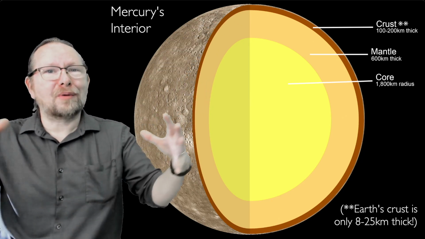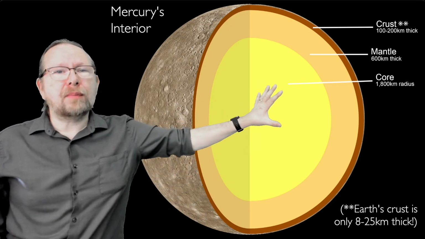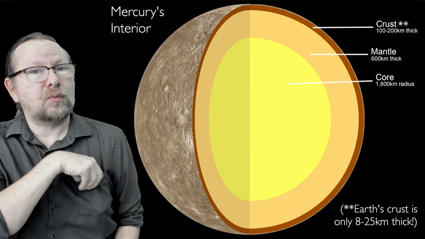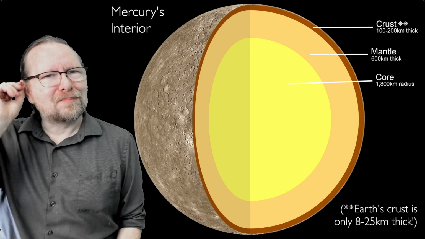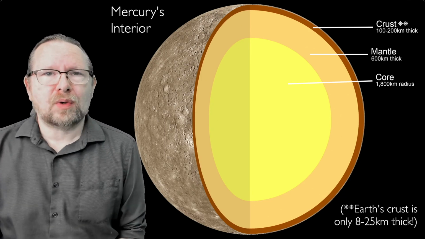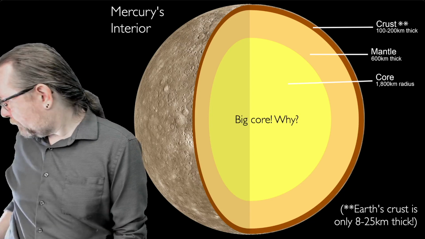It should have more mantle and more crust, but it got smacked early on in its formation, leaving behind a core that was larger than we would expect it to be. That's one model. Is it speculative? Sure. But that's our best guess as to why Mercury looks the way it does inside. So that's our explanation for why there's a big core.